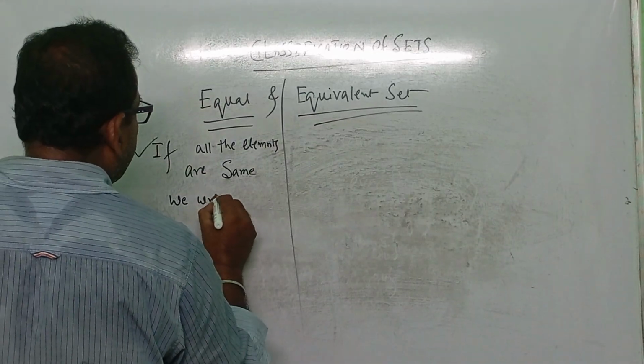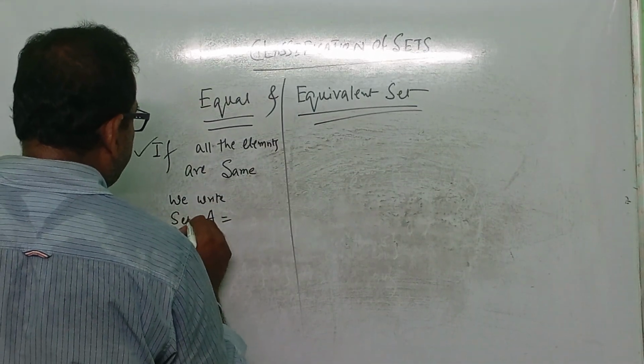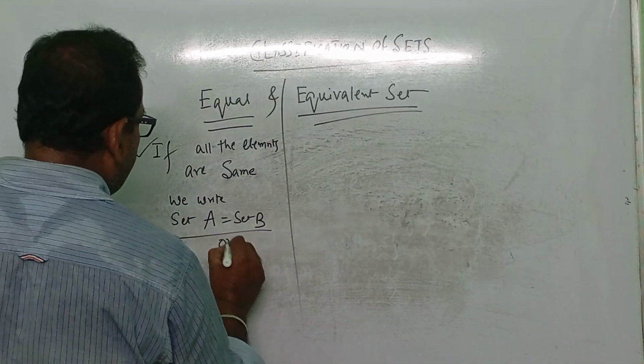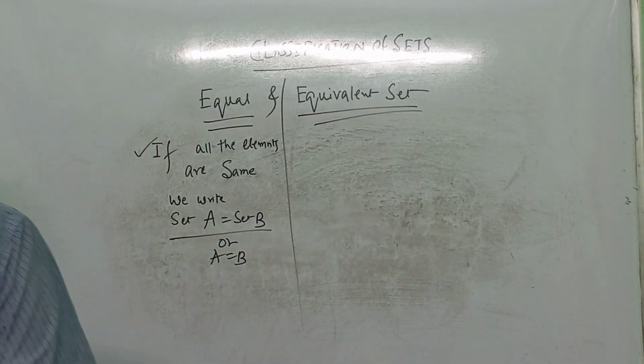We write set A is equal to set B, or A equals B. Clear?